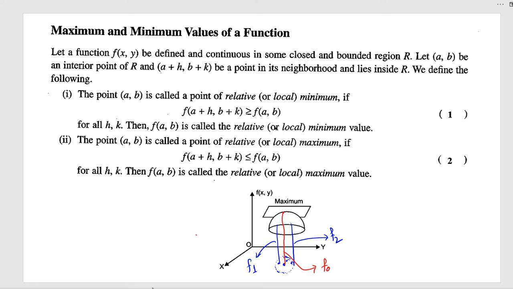So if you remember the definition, the point (a, b) is called a relative or local minimum if the functional value f(a, b) is less than or equal to all other values.